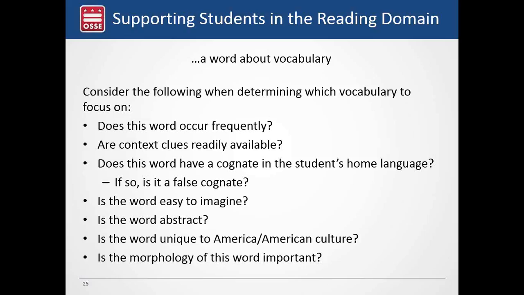And those words do pop up in the book Stella by Starlight. You would have to know that time period in the American South, in the mountains of the American South, to understand the words. And if your students likely don't have that background, that's something that you can build before launching into the text. And is the morphology of the word important?